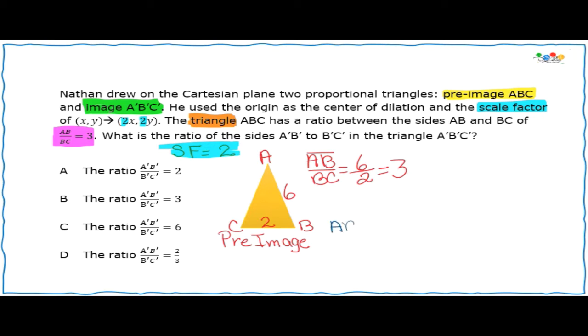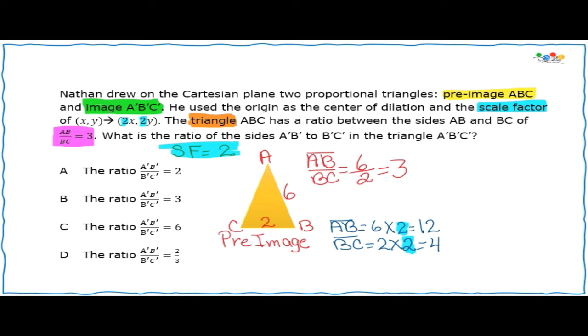If AB is 6, I multiply that by 2, and what do I get? 12. Very good. What about BC? Segment BC is 2, and if I multiply by 2, it gives me 4. Now remember, 2 is my scale factor, so that's the reason why I'm multiplying by the same number.